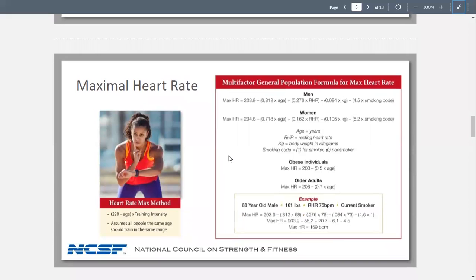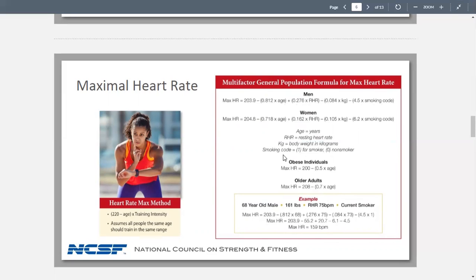As far as maximal heart rate, there is the heart rate max method, and there is a multi-factor general population formula for max heart rate. So not everyone should use 220 minus their age. If the individual smokes, max heart rate will be 205.8 minus 0.812 times your age, plus 0.276 times your resting heart rate, minus 0.08 times how much you weigh, minus 4.5 times a smoking code.